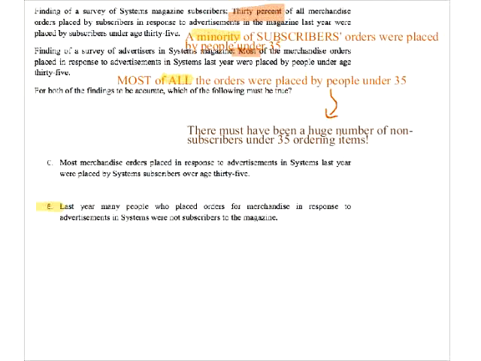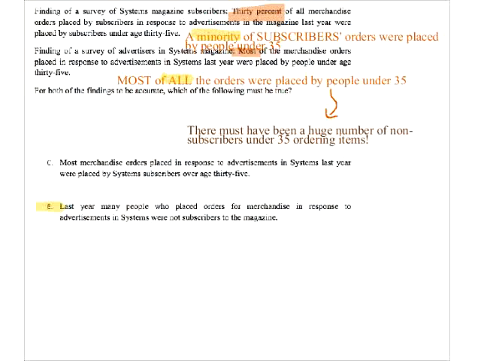What you can prove from this first paragraph is that 70% of the subscribers' orders were placed by people 35 or older. But that's just the subscribers' orders.